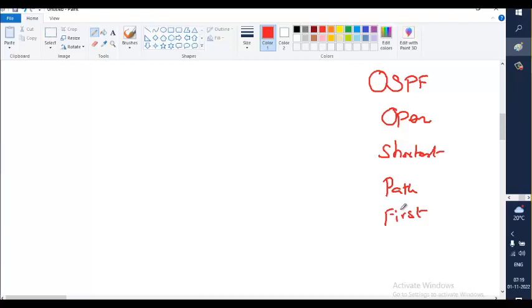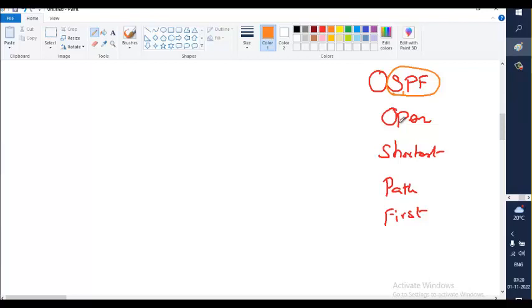You see, this word is not a new word for you if you are from a physics or computer science or mathematics background. Shortest path first is a binary tree algorithm, which we might have learned in college days.